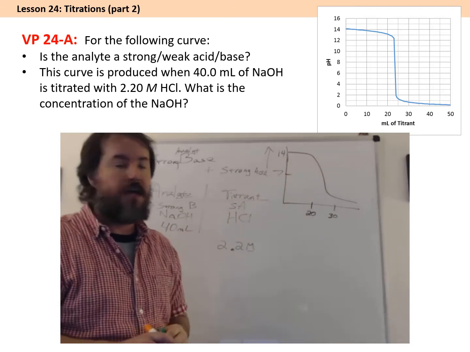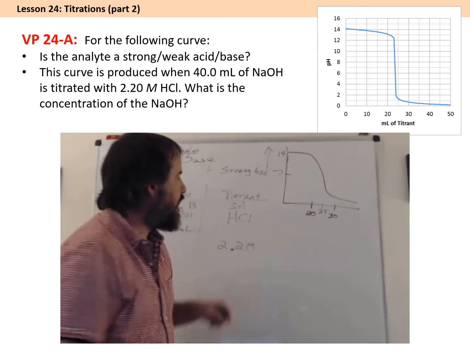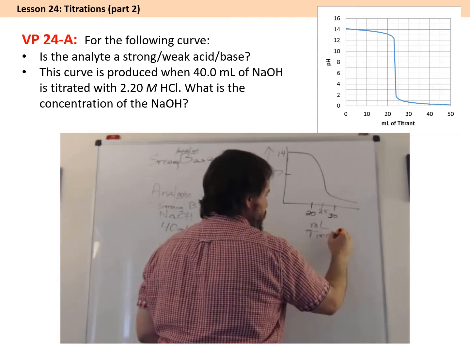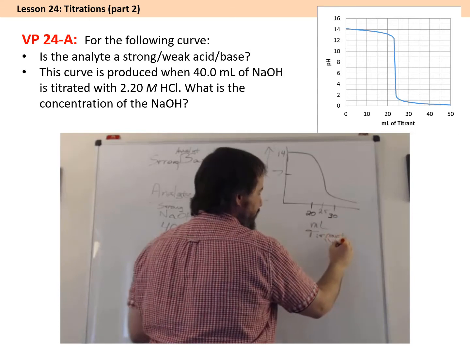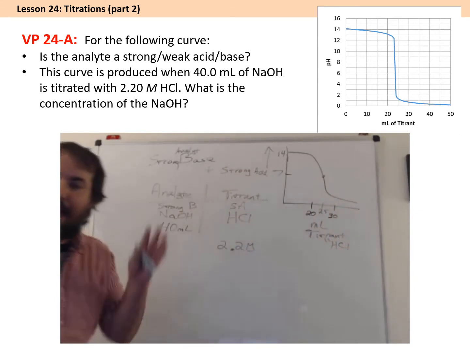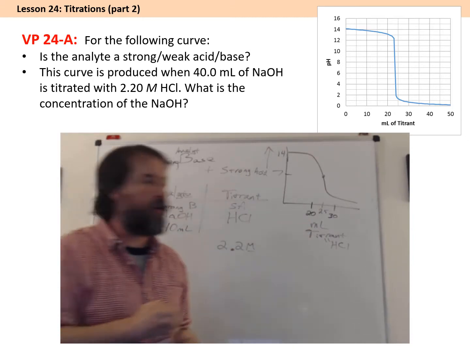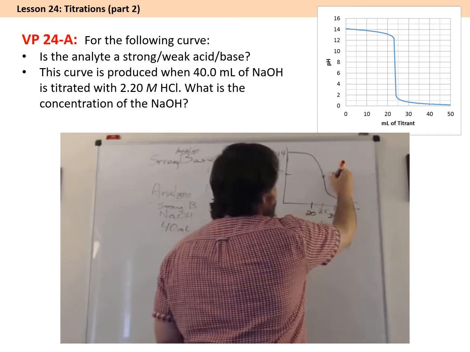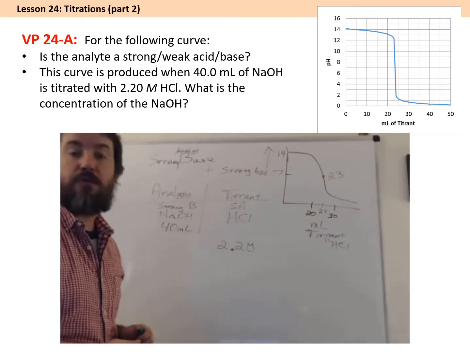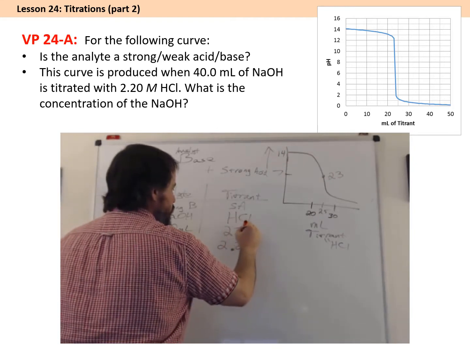This curve tells me the pH as I add in titrant, that's my HCl. So the equivalence point is the mLs of the titrant. We'd have to estimate based on the curve. It looks to me around 23 mLs.